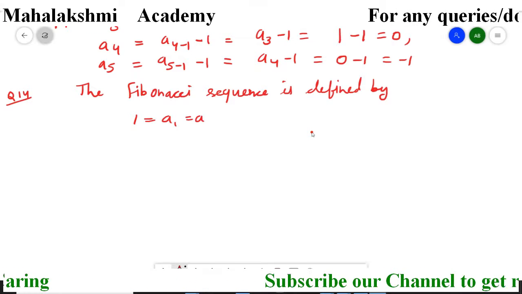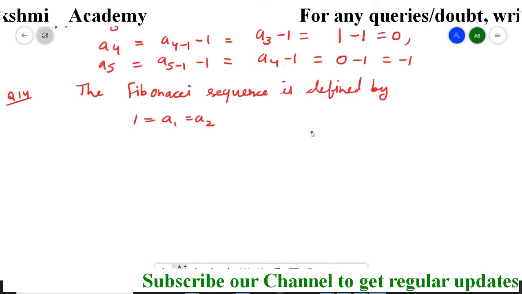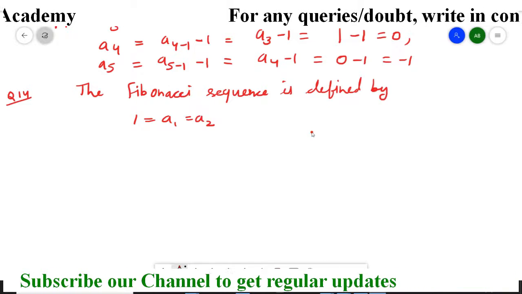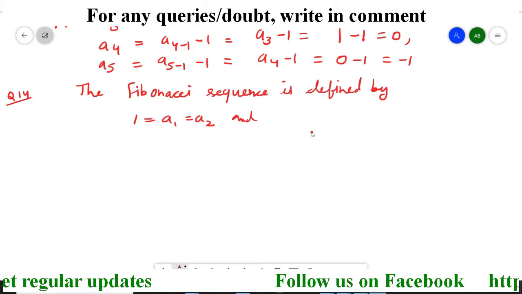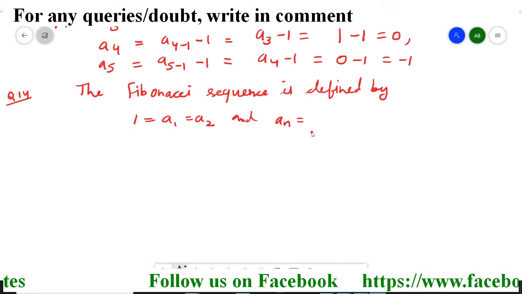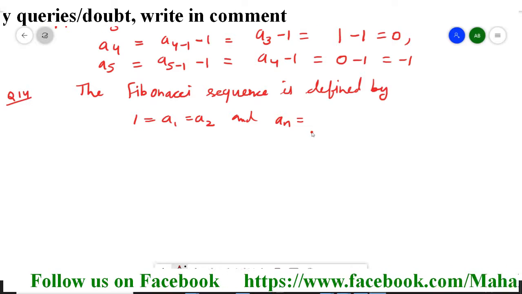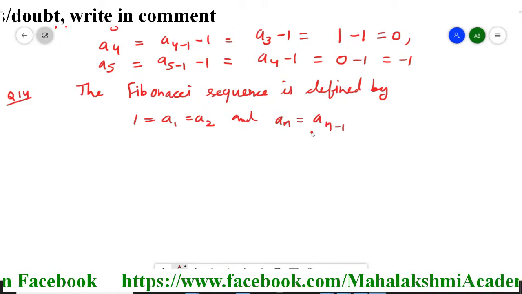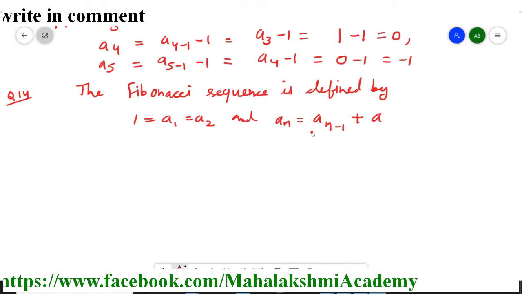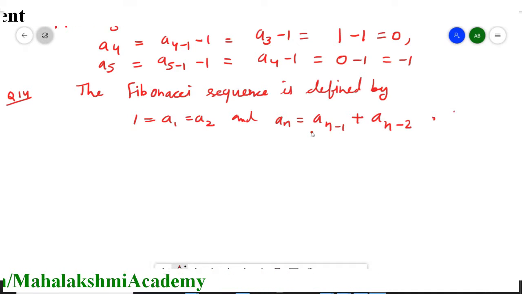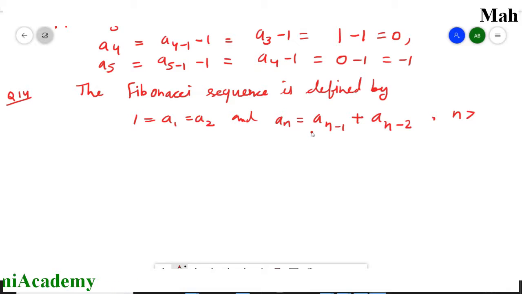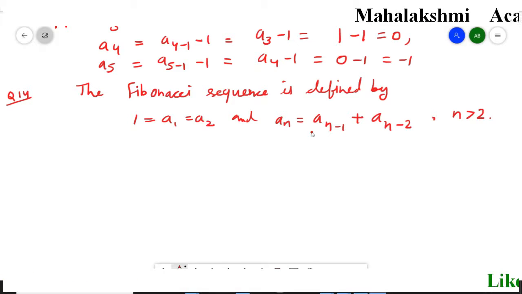So in this sequence also a1 and a2 are given to us, and the an formula is also available to us, that is an minus 1 plus an minus 2, and here also the condition is applied that n is greater than 2. So only for values of n greater than 2 we have to find.